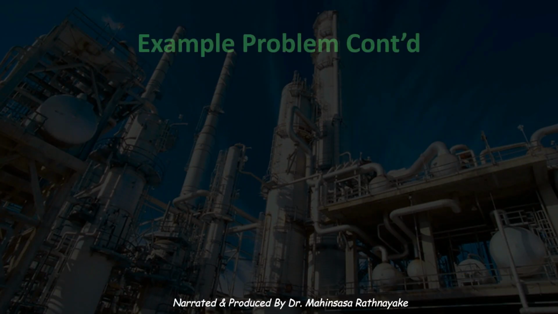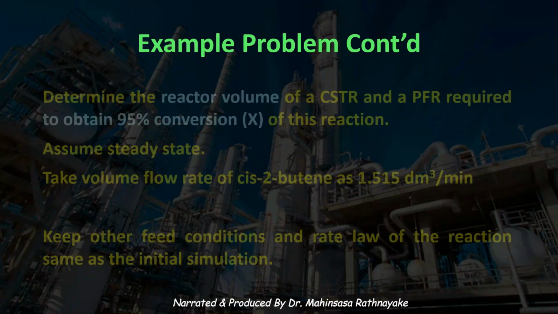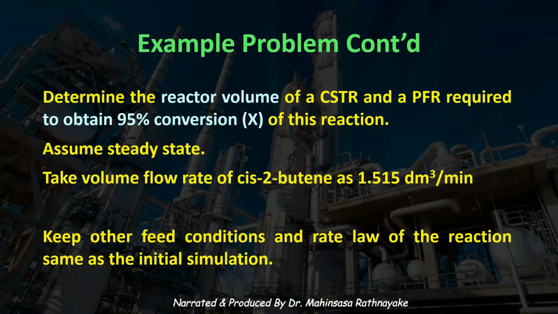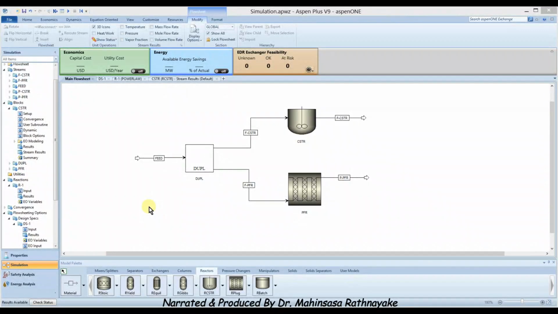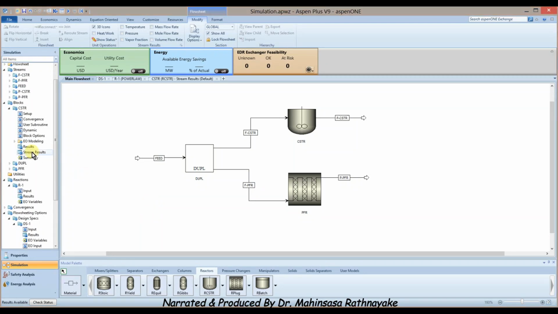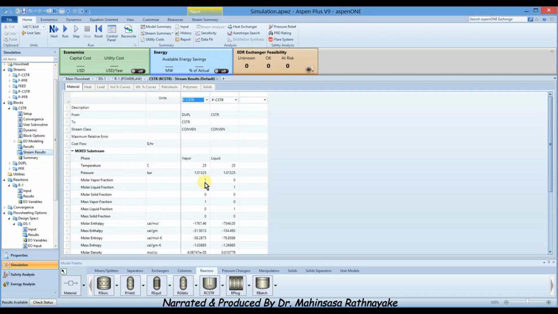Next, we will simulate these reactors to find out the relationship between the volume and conversion. Before that, when we check the simulation results in Aspen Plus, we can see that cis-butene in the feed of each reactor shows a vapor fraction.